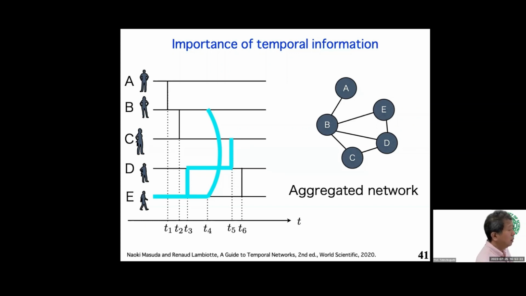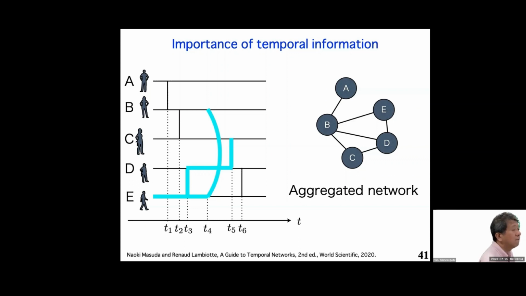Now let's think about a network in which the contacts are superimposed, without introducing the temporal information. Such a network is often called an aggregated network, which is shown on the right.